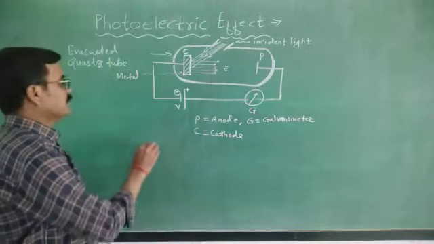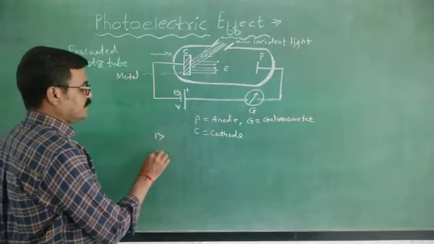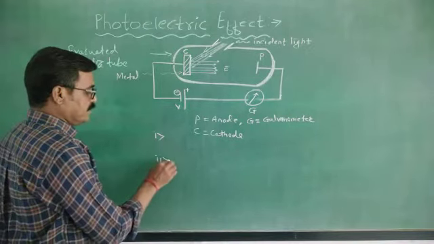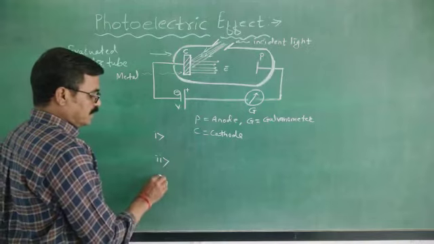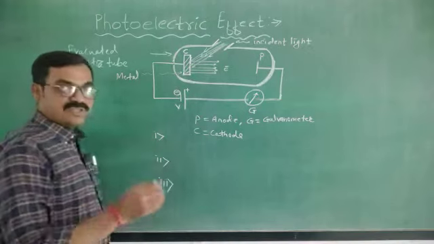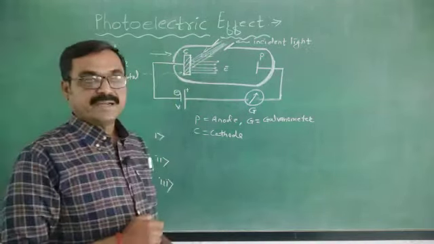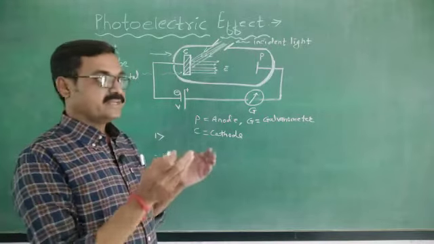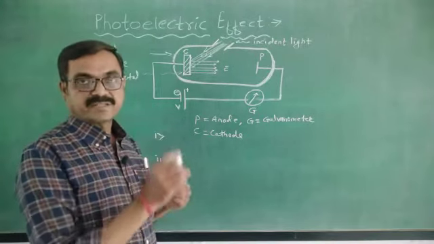Now there are three important points in this photoelectric effect. The metal is taken on which this light is allowed to be incident, and that metal, after incident light, ejects the electron.